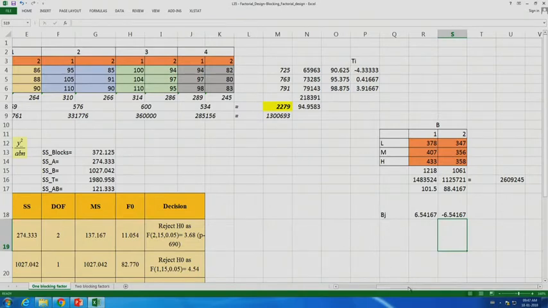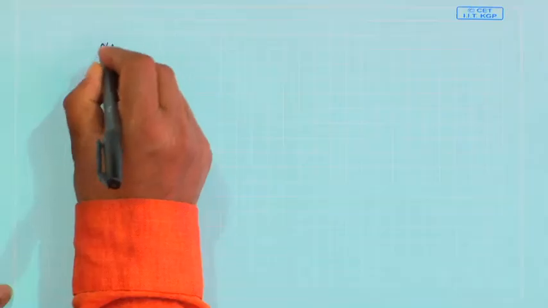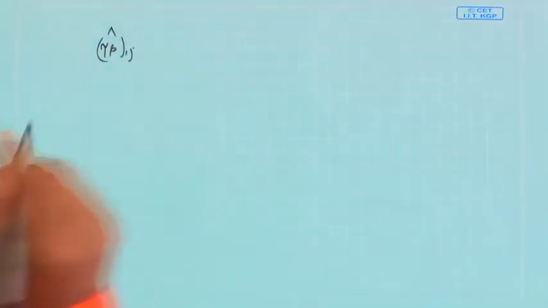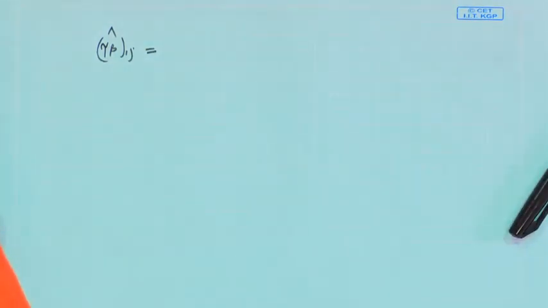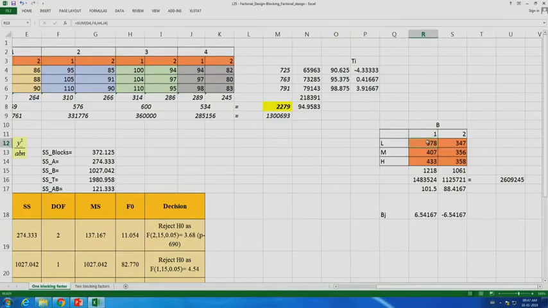Okay. Now, if you require to calculate the tau beta ij, this one if you want to compute, here you find the average. Here how many observations are there? 4 observations are there, because replications are 4, 378.